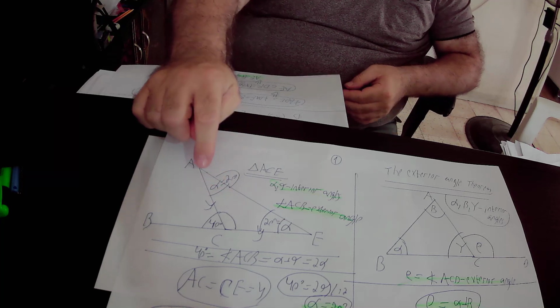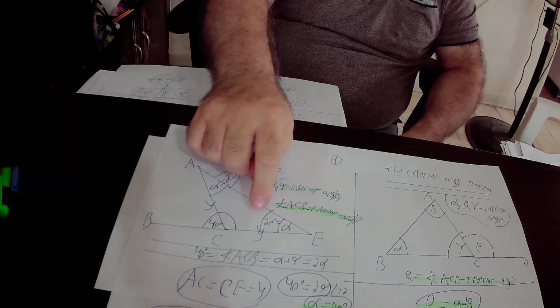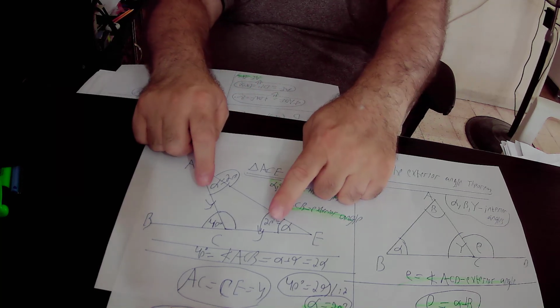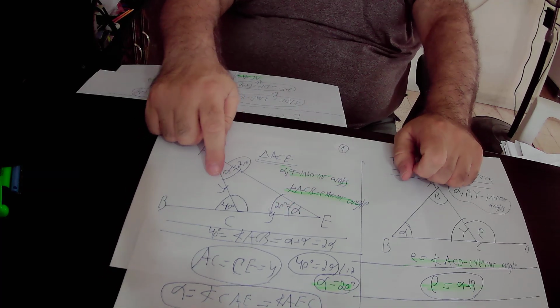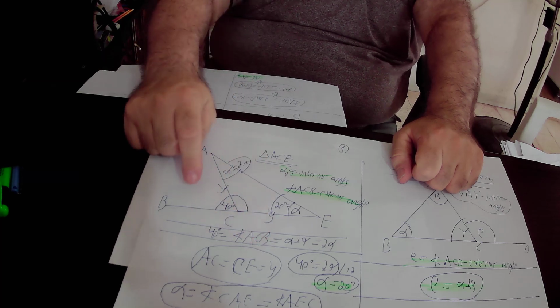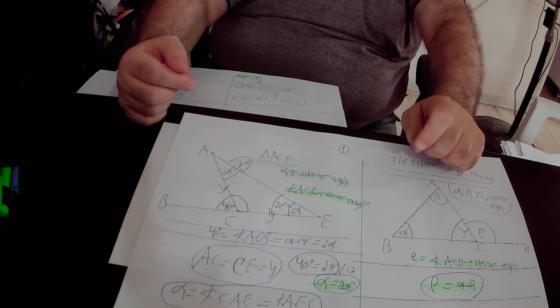AC equals y according to what is given in the question, and CE equals y according to our construction. So those two sides are both equal to y, therefore they are equal to each other. That is to say AC equals CE equals y. And we have the rule that in front of equal sides in a triangle there are equal angles.